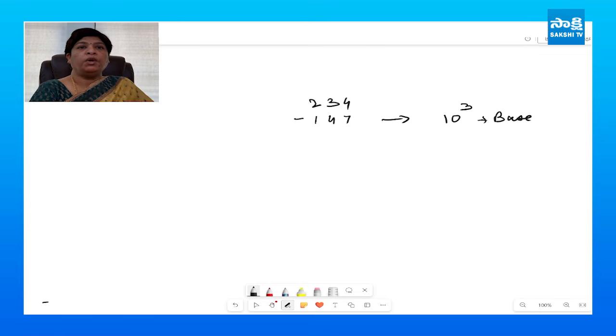Then the next thing we need to do is find the Nikilam for the negative number. The Nikilam of the negative number can be found by subtracting 147 from all from 9 and the last from 10. So let's subtract 1, 4, 7 from all from 9 and the last number from 10. So we get 8, 5, 3.